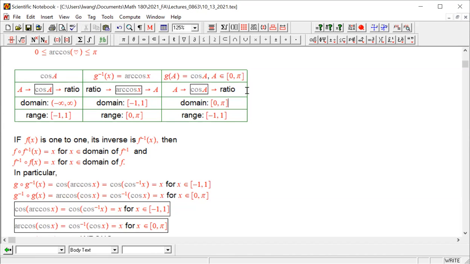And can you also write down 0 is greater than less than cosine of a is also greater than less than pi? Is that also a domain, or is it the range? Yeah, this is domain. Domain, you look at domains to express the input. Range is to express the output.